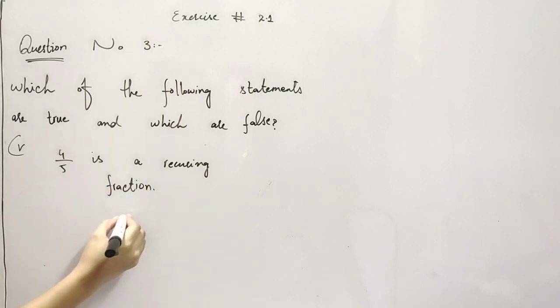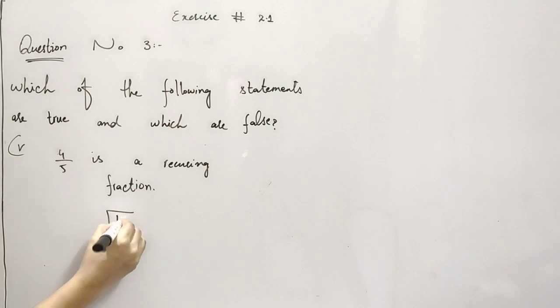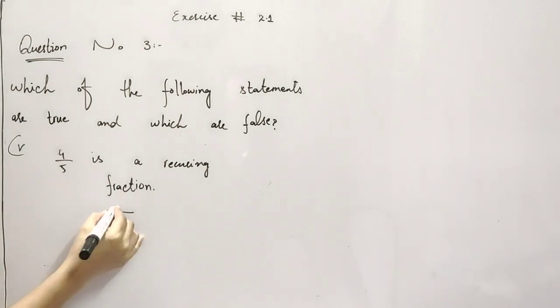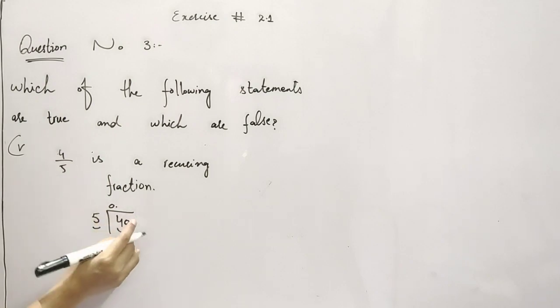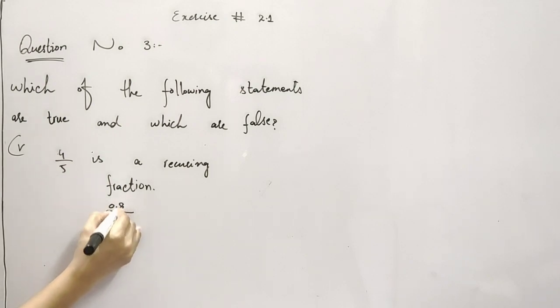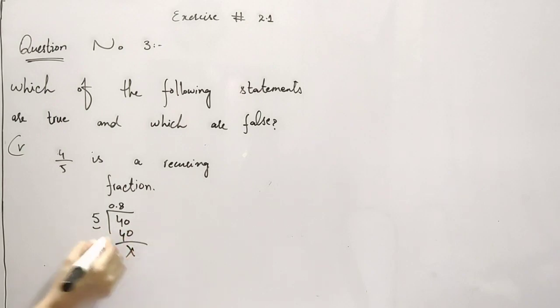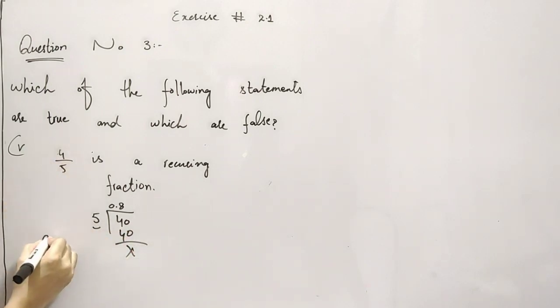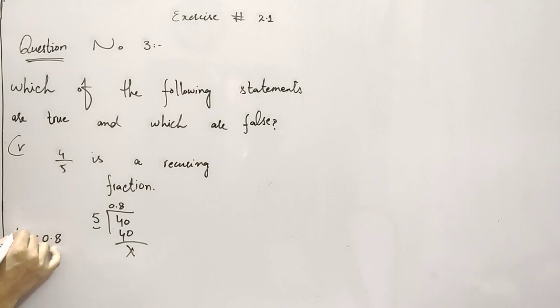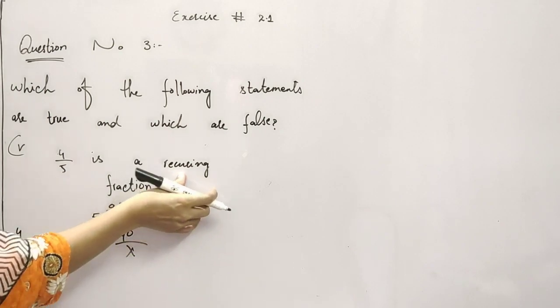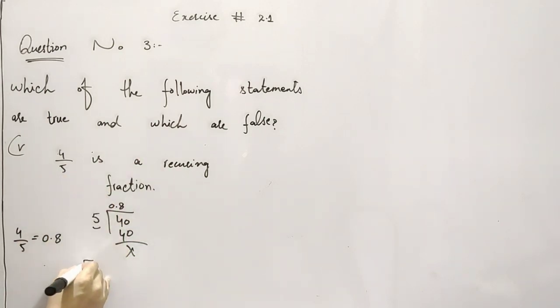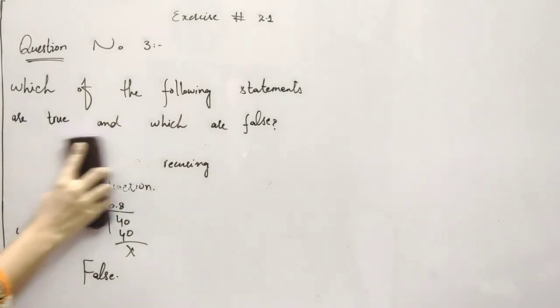So again we will divide 4 by 5, put 4 under the division and 5 outside. 4 is less than 5, so put 0 point here and put 0 here, and 5 eights are 40, so 4 by 5 is equal to 0.8, so it is not a recurring fraction, so the statement is false. So question number 3 is solved.